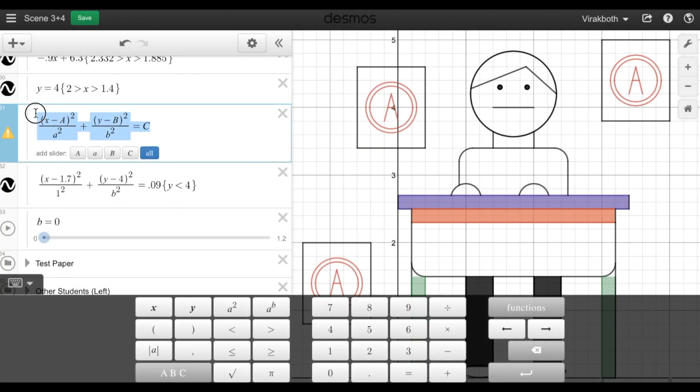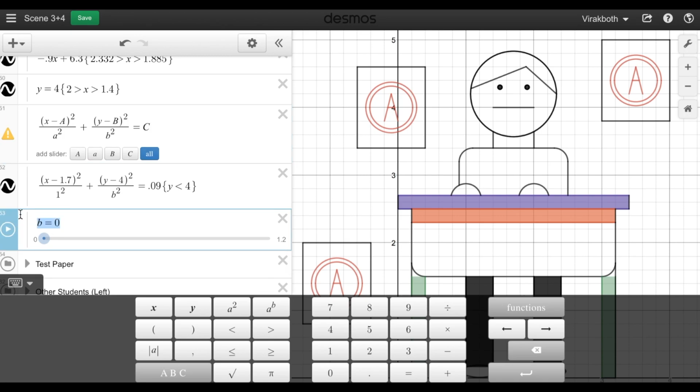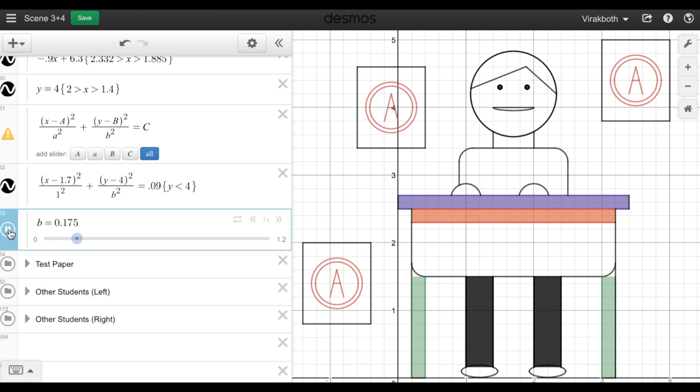Secondly, I use the ellipse function to create the oval shape of the character's eyes, shoes, mouth, and so on. For example, for the mouth, knowing that A affects the coordinate of x, B affects the coordinate of y, A affects the radius along the x-axis, and B affects the radius along the y-axis, and how C affects the size of the ellipse, I set the range of B from 0 to 1.2 to give the animation of the character smiling.